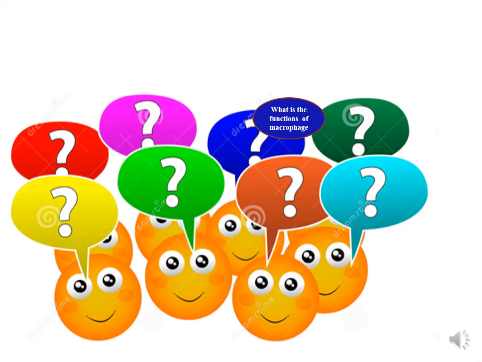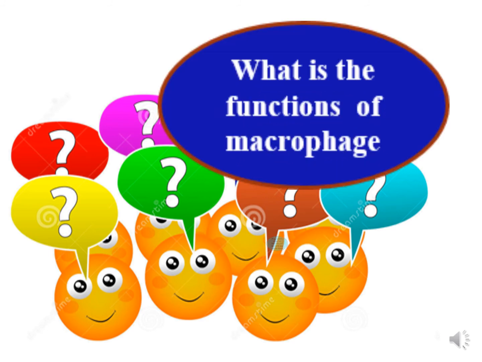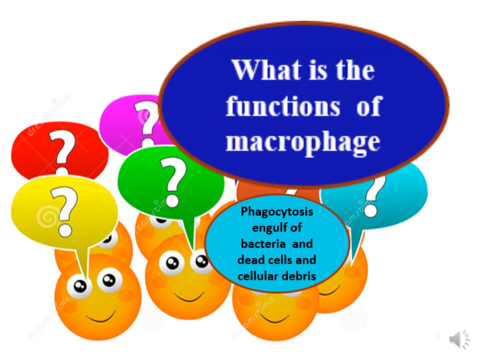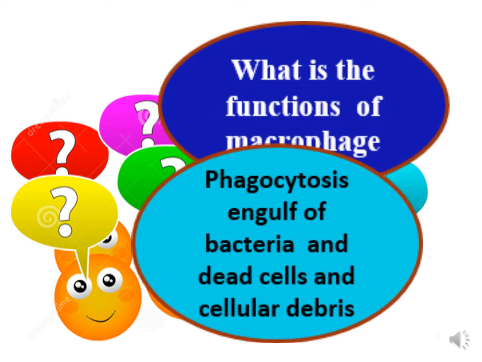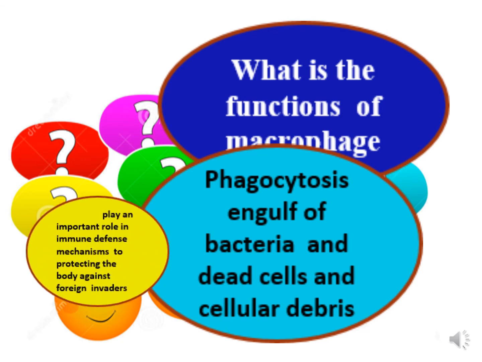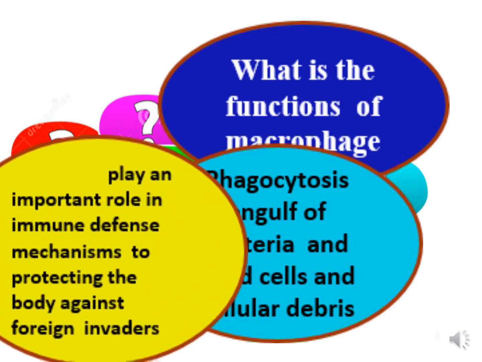What is the function of macrophages? The function of macrophages is phagocytosis, which can engulf bacteria or any foreign particle that enters the body, and also dead cells and any cellular debris. Macrophages also play an important role in the immune defense mechanism, protecting the body from foreign invaders or microorganisms.